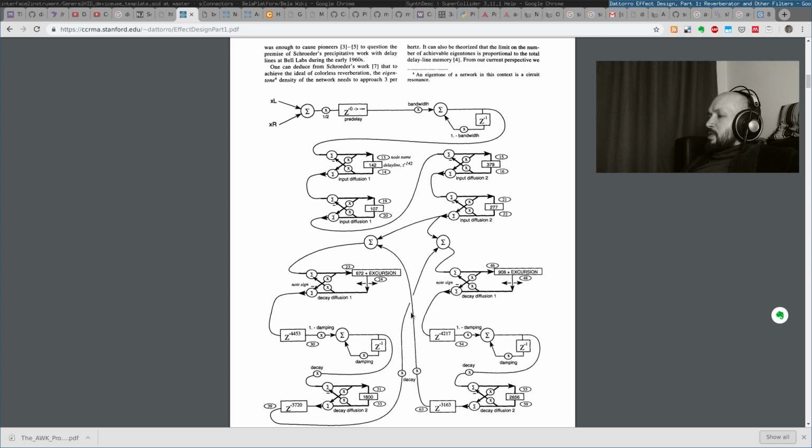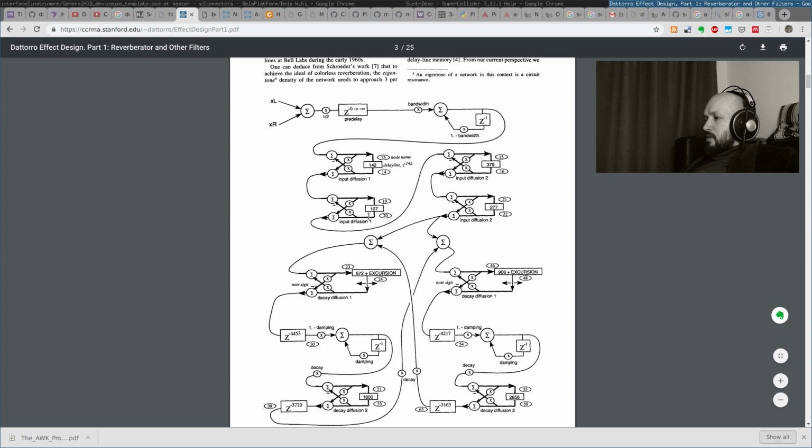The second difference between these filters and the ones we have in SuperCollider is this input diffusion control. Here we have identical controls of the feedback. With the first and second, the only difference is the delay time. But in SuperCollider, there is no direct control of this feedback parameter. The feedback parameter is calculated from the delay time and decay time parameters.